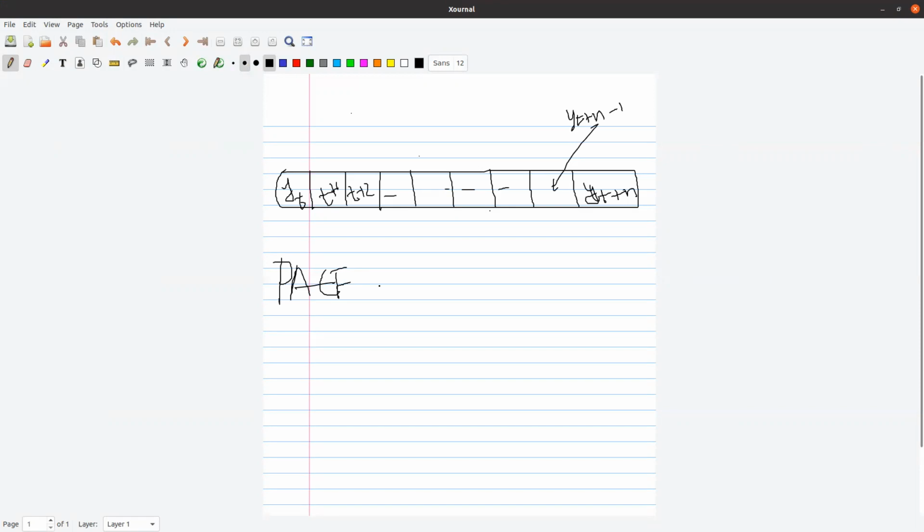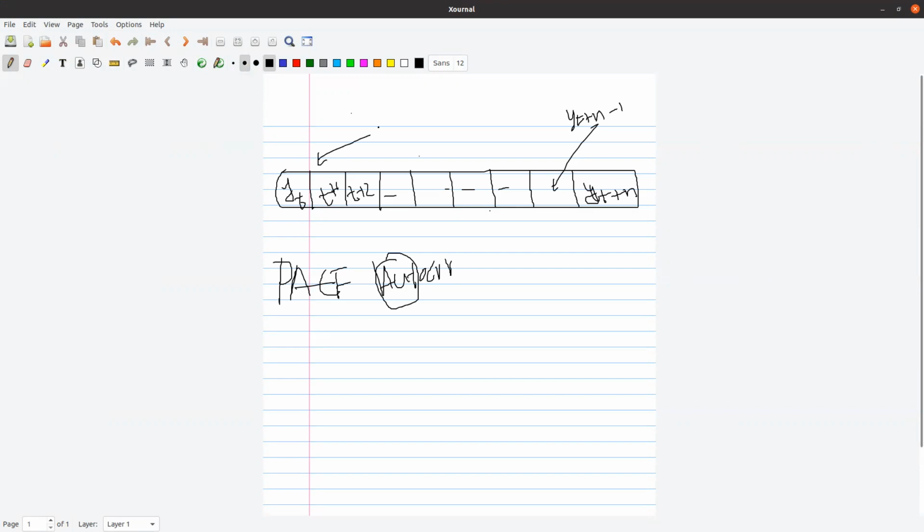What PACF says is that it's also autocorrelation. Auto, in the sense that we are considering the same time series.